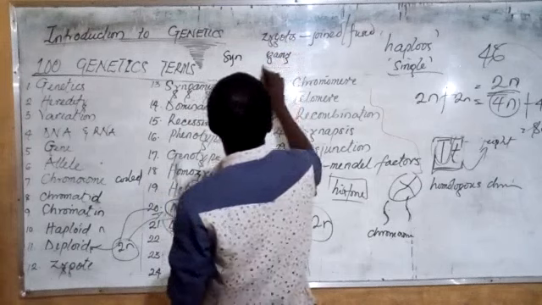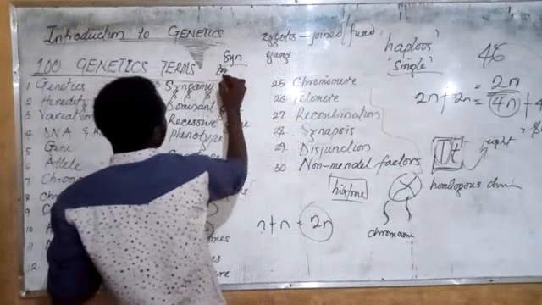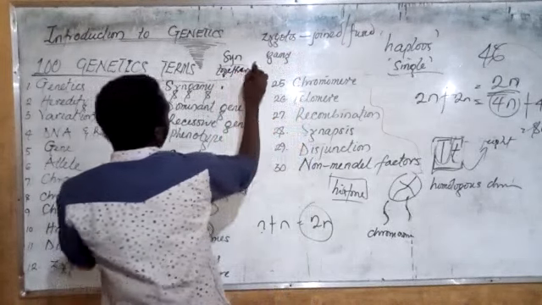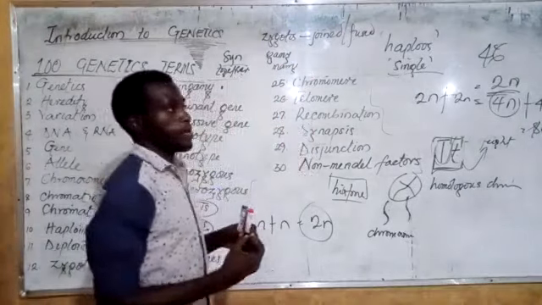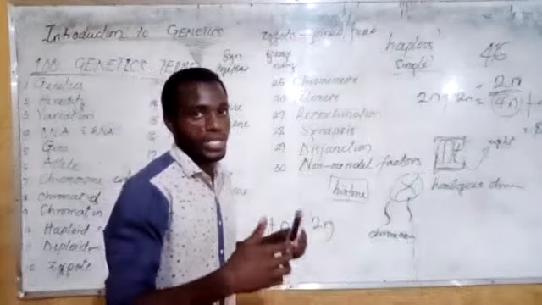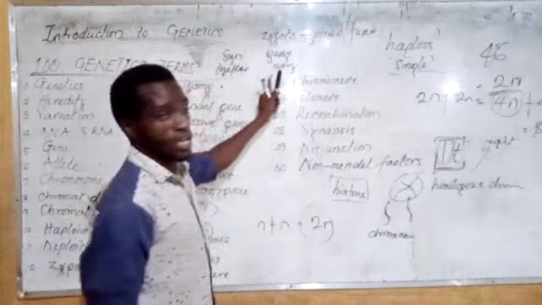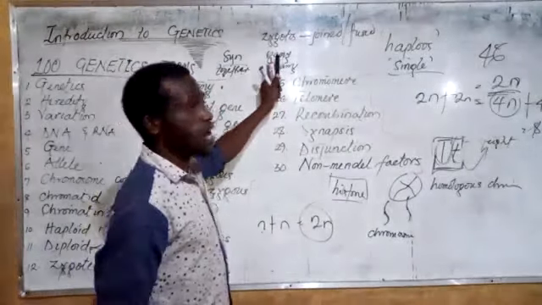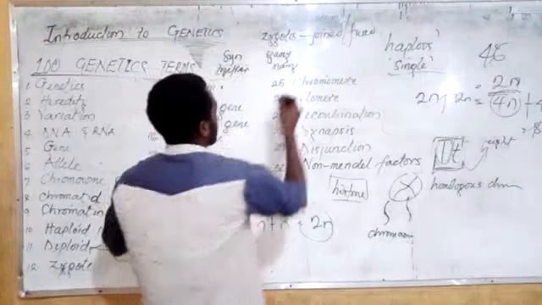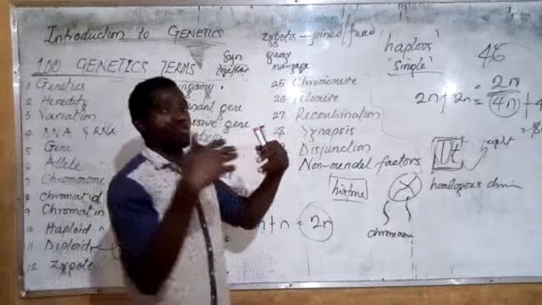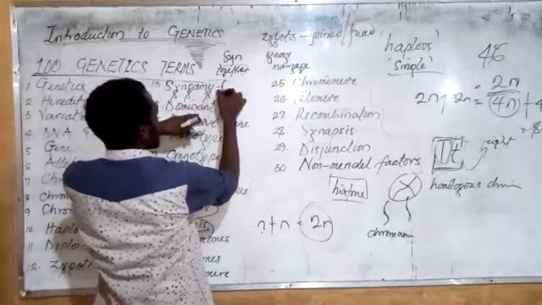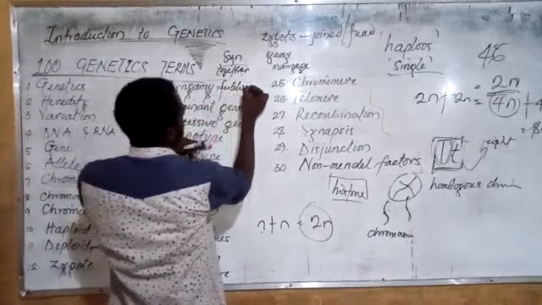Syn means together, to agree, while gamy means to marry. Remember these words, polygamy, monogamy. That's where they are gotten from. Gamy means marriage. So syngamy means coming together to marry. So it's the technical term for fertilization.